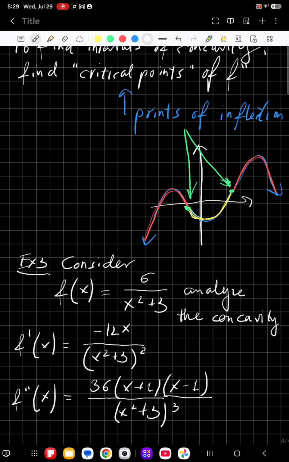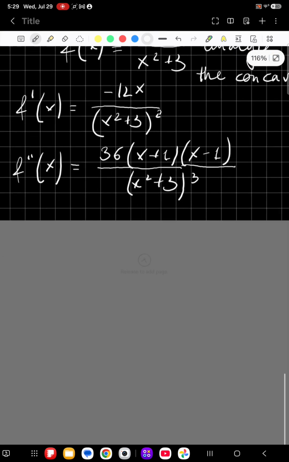Just like with that first derivative, we need to find those critical numbers, critical points, inflection points, whatever you want to call it.